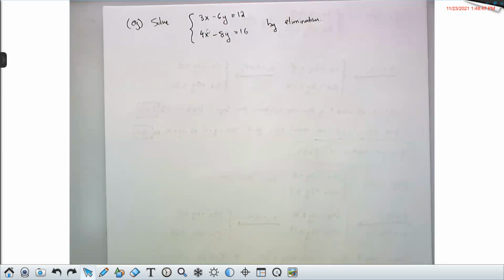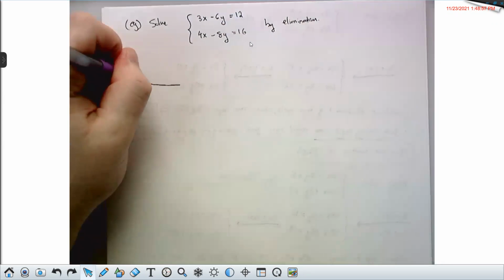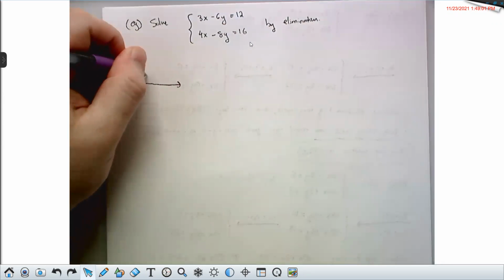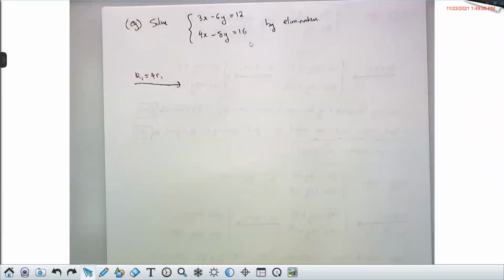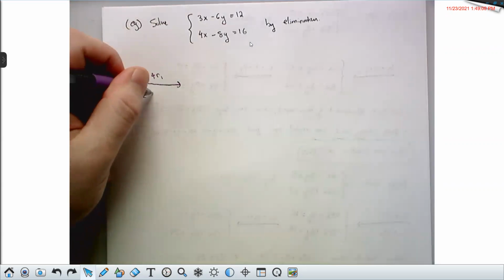So if I think of this like I'm going to try to eliminate the x's, I would multiply row 1 by 4 and row 2 by -3. That'll make those x coefficients into 12 and -12 respectively. So my new row 1 will be 4 times my old row 1, and my new row 2 will be -3 times my old row 2.